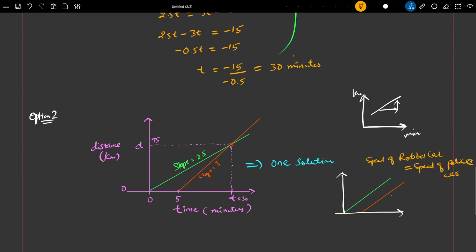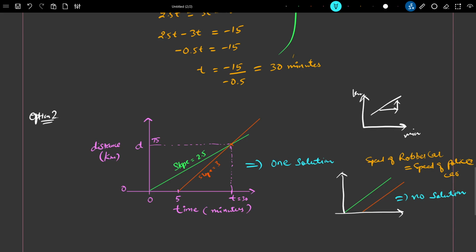So basically, this particular type of problem we call no solution. These lines will never meet. We can't find any solution for that.